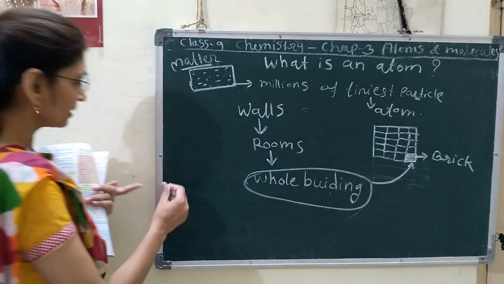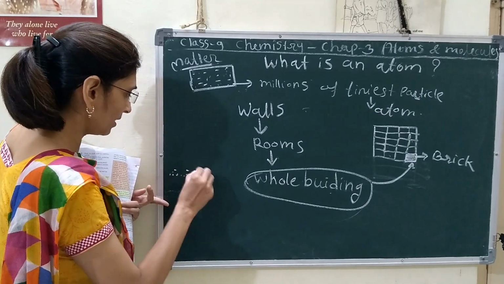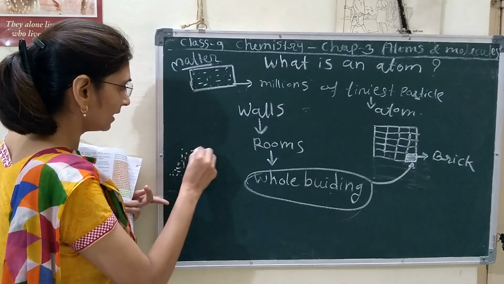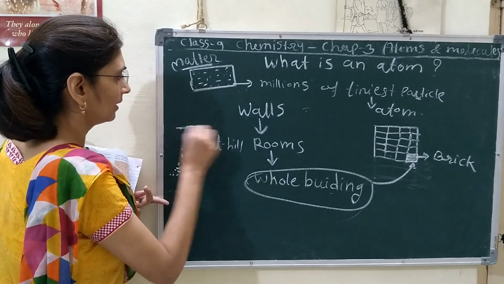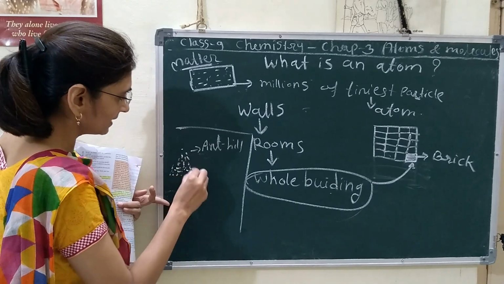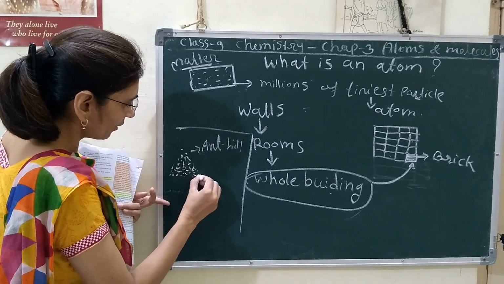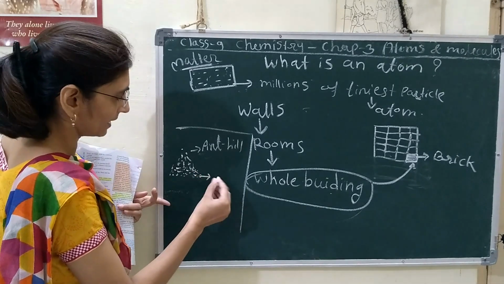And the second example also I can give: an ant hill. Anywhere have you seen an ant hill? This ant hill is made up of sand. It is a heap of sand actually. So what is the basic element? What is the building block of this ant hill?